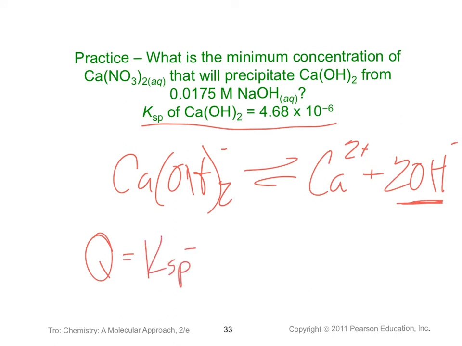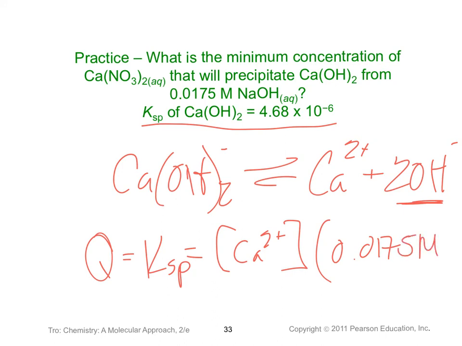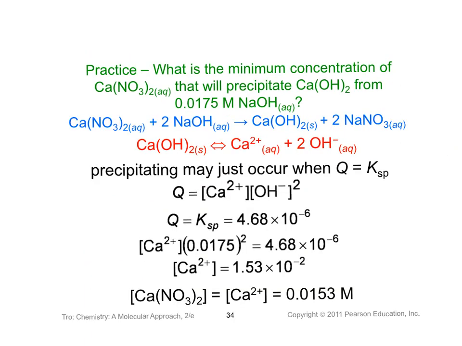And then we can say, well, it's the concentration of Ca2 plus times this concentration of 0.0175 molar squared, and solve for the Ca2 plus. So here's that solution. We would get down to the bottom here and we would need 0.0153 molar Ca2 plus to start that precipitation.